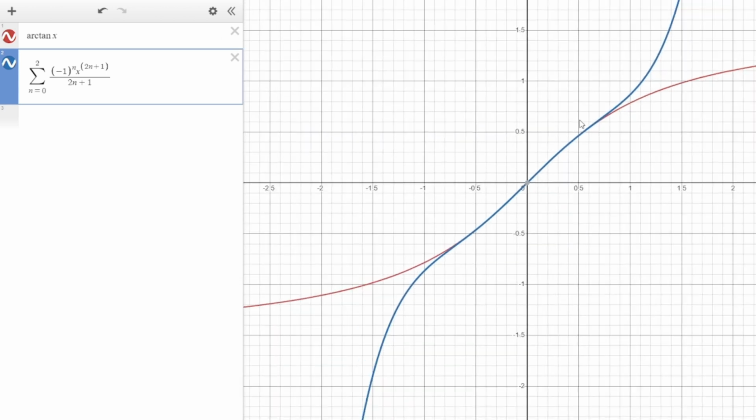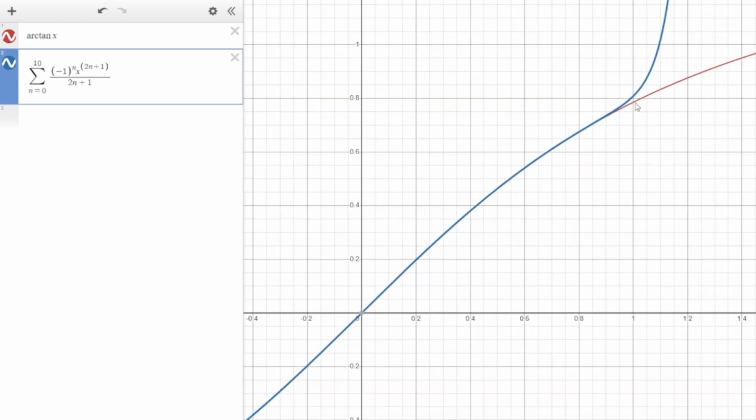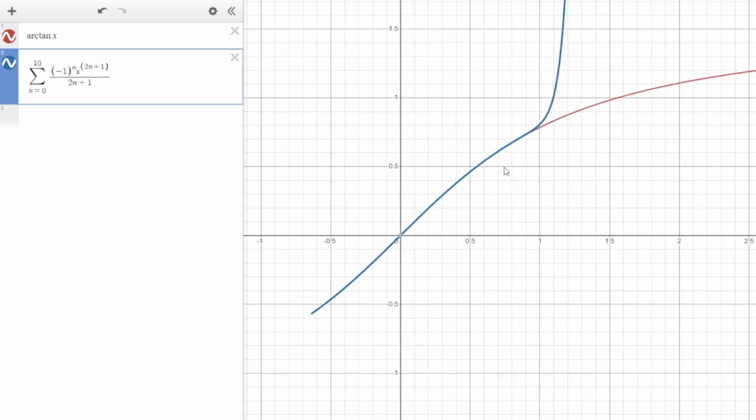Also, if we wanted to find more decimal places of pi, we would be able to just increase this expansion, say to 10, which by the way still is not very accurate for 1. And we'll be able to do our recurrence relation, which we'll see later on, for more terms.